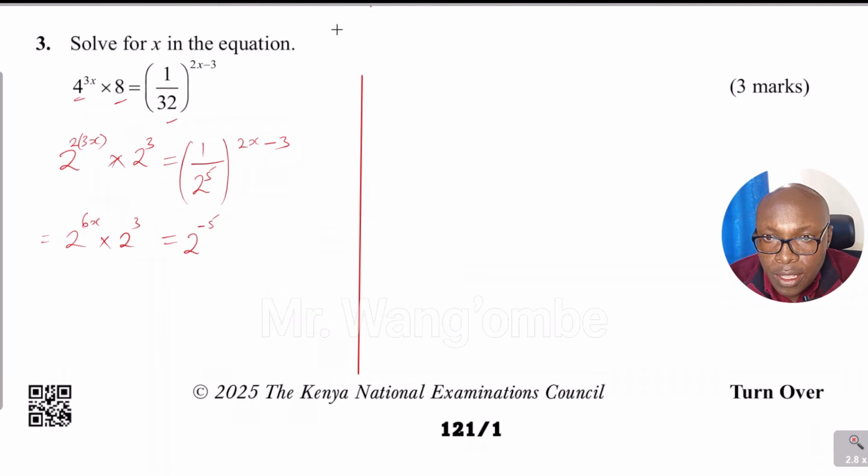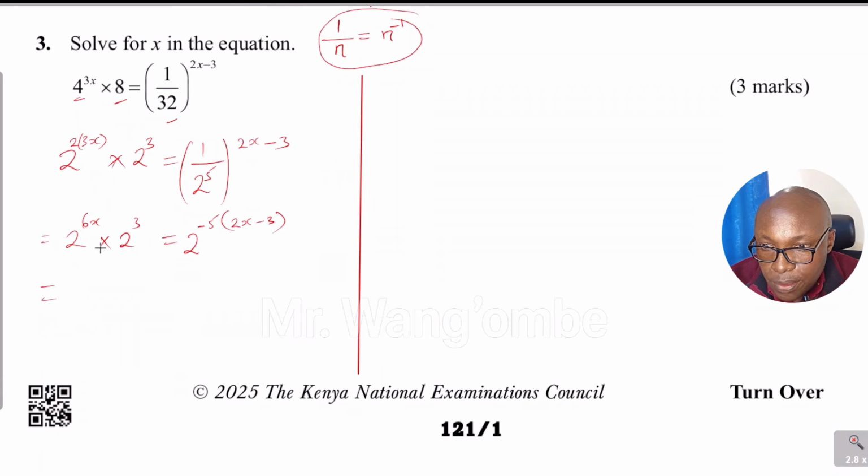Remember this, that 1 over n can be written as n raised to power negative 1. That is the concept, the inverse. So therefore 1 divided by 2 raised to power 5 can be written as 2 raised to the power negative 5. And then don't forget you have 2x minus 3.